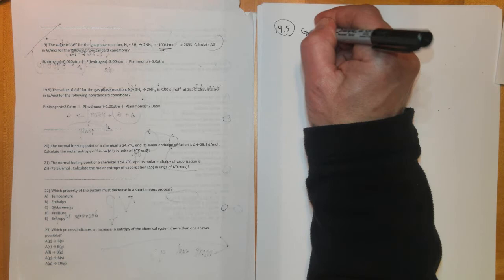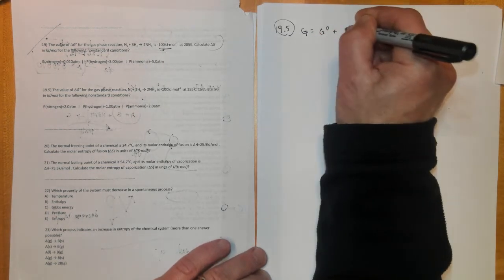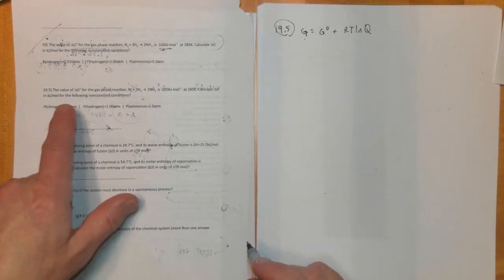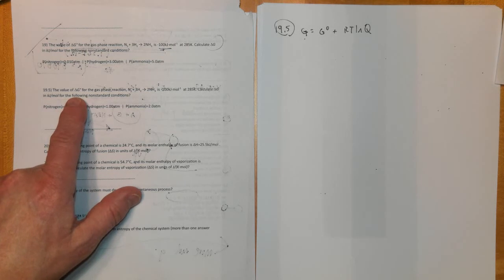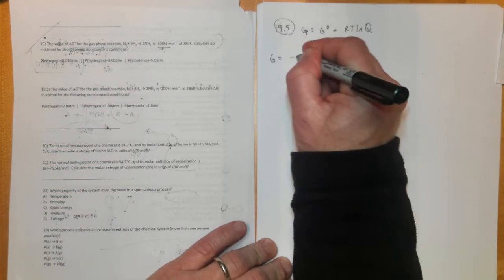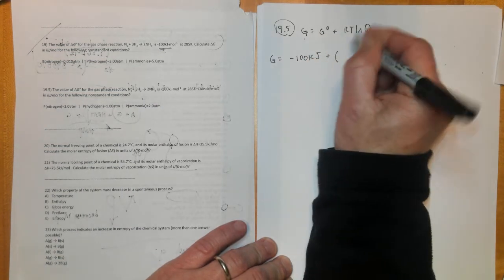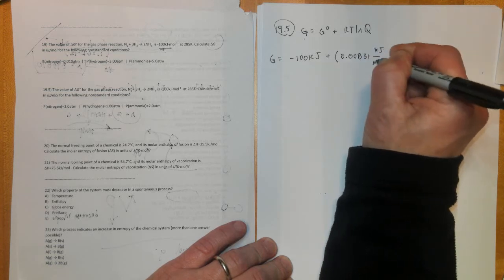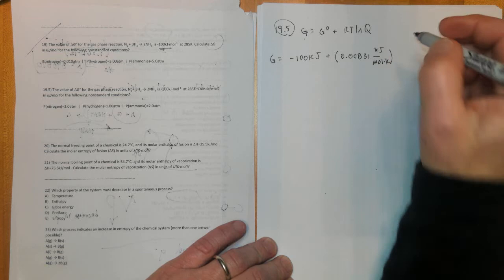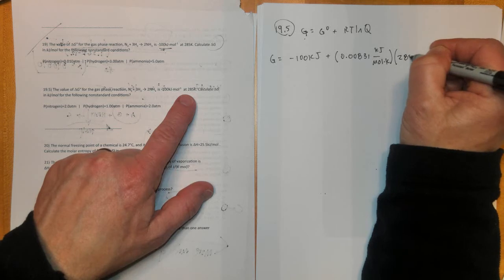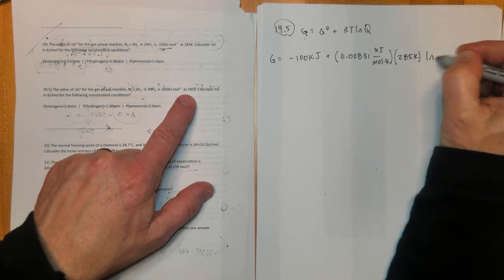It tells us that the G at standard conditions is negative 100 kilojoules, plus R, which is 0.00831 kilojoules per mole Kelvin, times the temperature, which it tells us is 285, times the natural log of Q.